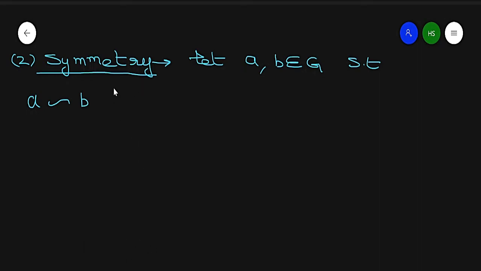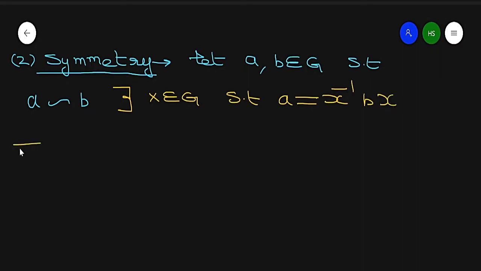By definition, if A is conjugate to B, there exists some X belonging to G such that A can be written as X inverse Bx. Multiplying by X on the left side, we get XA equal to Bx.